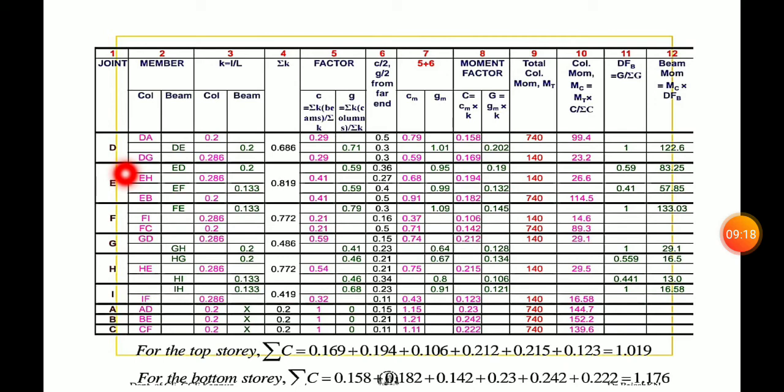The length of column DG is 3.5 meters, so 1 upon 3.5 is 0.286. The remaining stiffnesses at joint D are found similarly, and the stiffness of a beam is also I by L. The remaining portion will be covered in the next video.